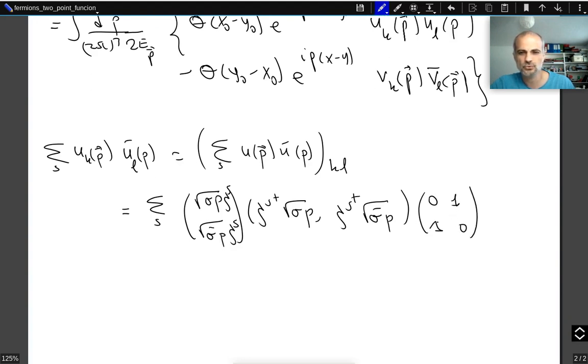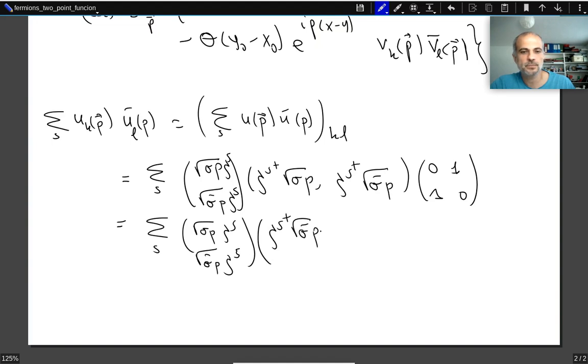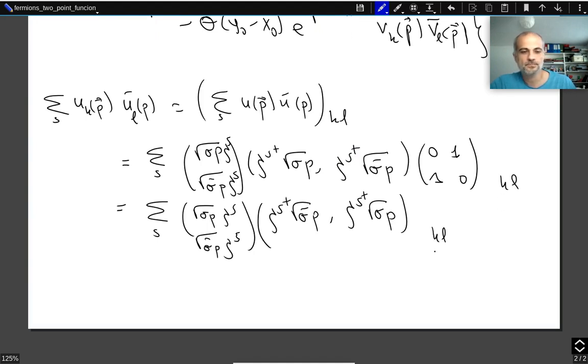I repeat, this 1 is a 2 by 2 matrix. So let me just multiply these two first. Basically multiplying with γ⁰ just exchanges these two elements: ψ_s† √(σ̄·p), ψ_s† √(σ·p). And at the end I will take the kl element of this matrix product.